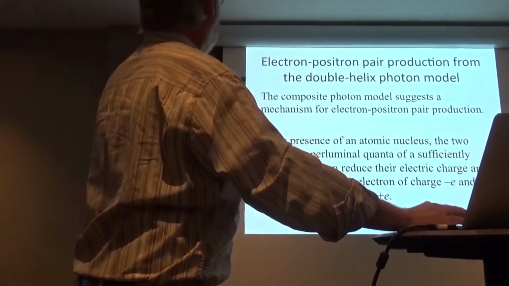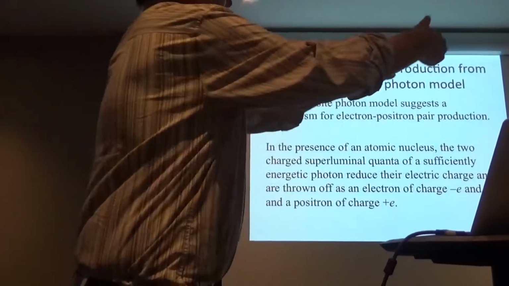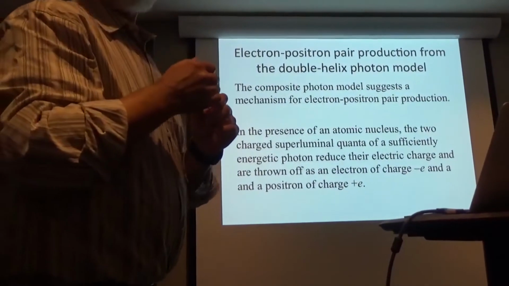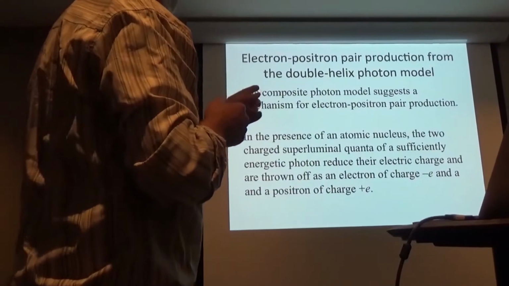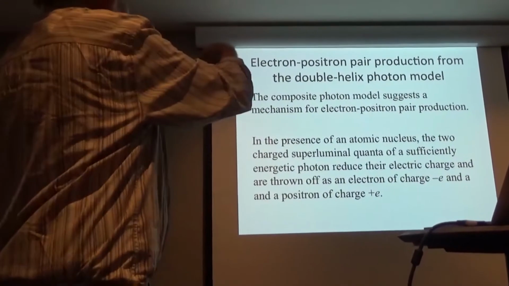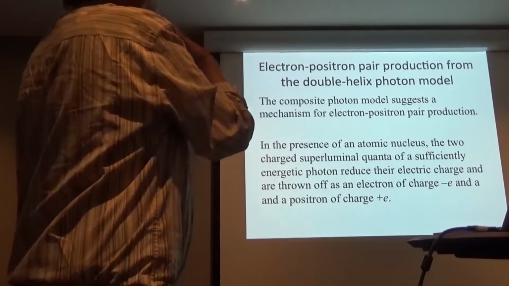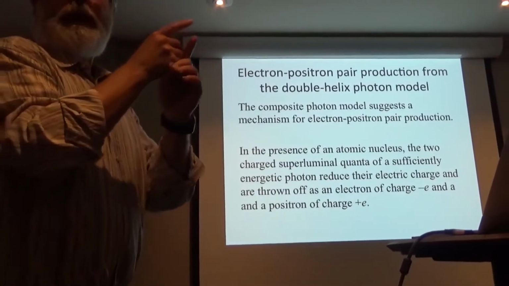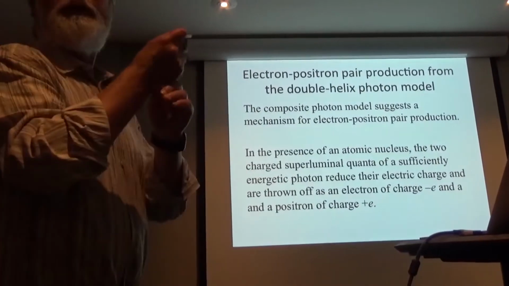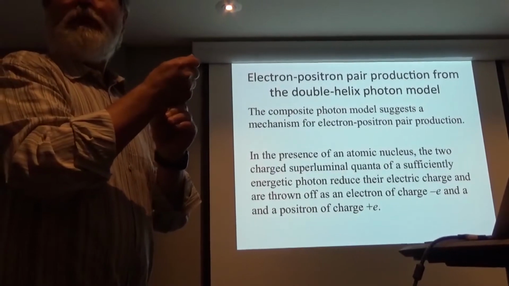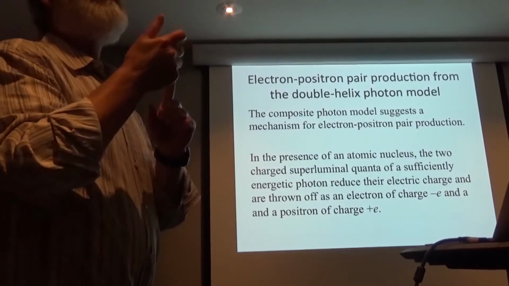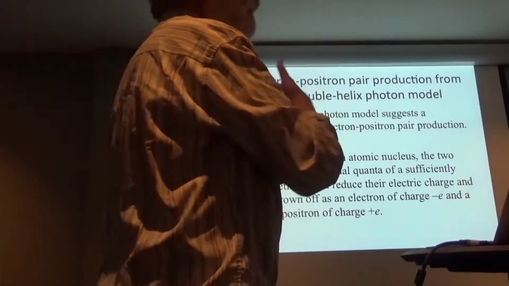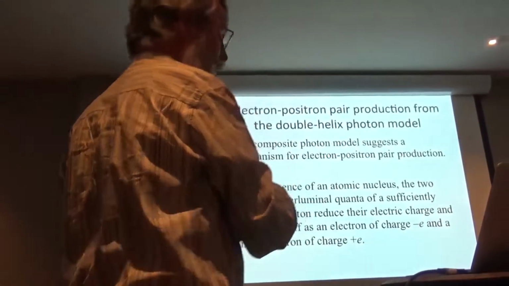So the idea of having the double helix photon suggests a straightforward mechanism for electron-positron pair production. If the charged superluminal quanta are sufficiently energetic, for example, the minimum energy for electron-positron pair production would be 2 mc squared, which is like 1.022 MeV, or more, then we'll create an electron-positron pair.